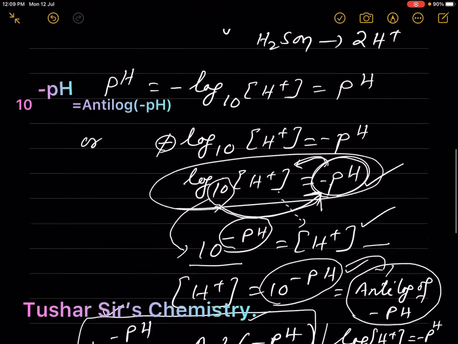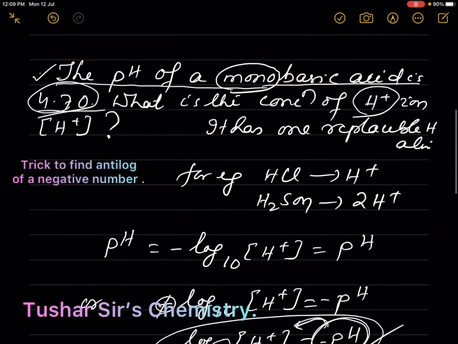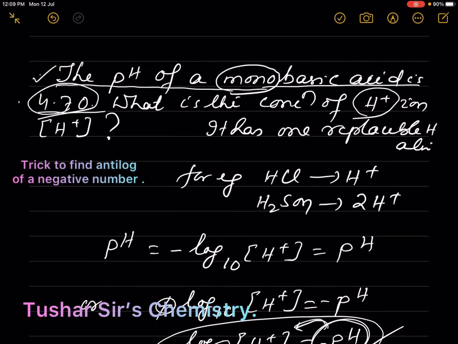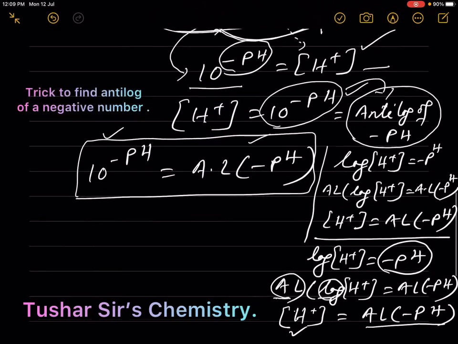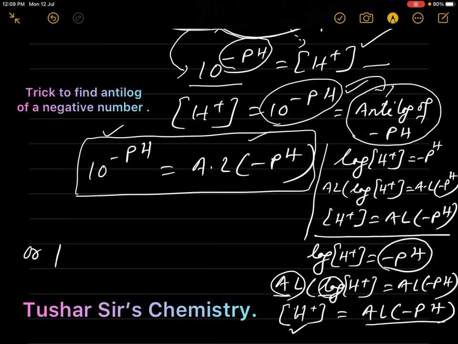In the problem, the pH of the monobasic acid is 4.70. Then I can write 10 to the power minus 4.70 is equal to antilog of minus 4.70. So I have to solve this part.